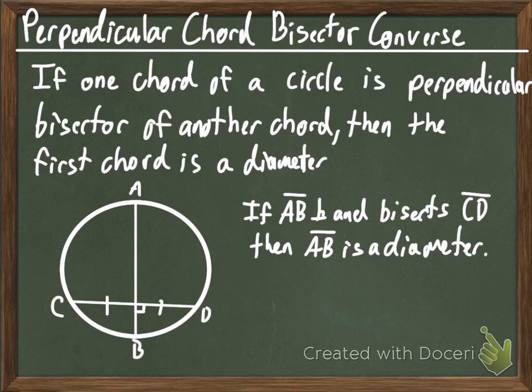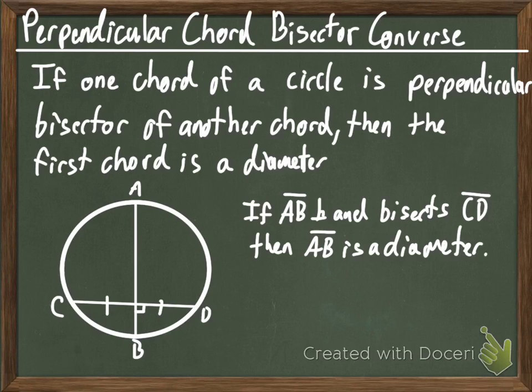The perpendicular chord bisector converse is the opposite of our theorem. It says that if we have one chord of a circle that is a perpendicular bisector of another chord, then that first chord is a diameter. So it's a converse, so it's the opposite of our theorem. So here we just have two chords in our circle, and we notice that chord AB is perpendicular and bisects chord CD.